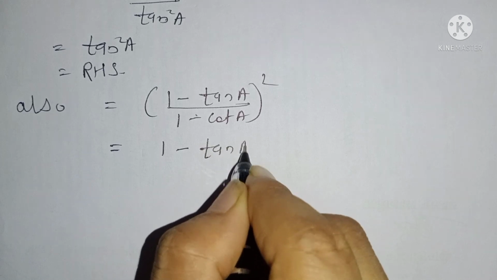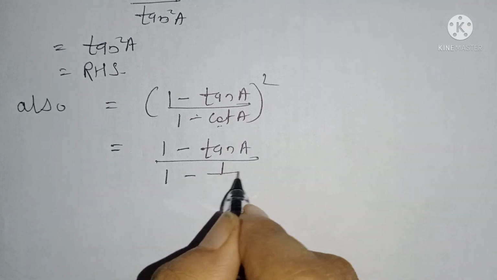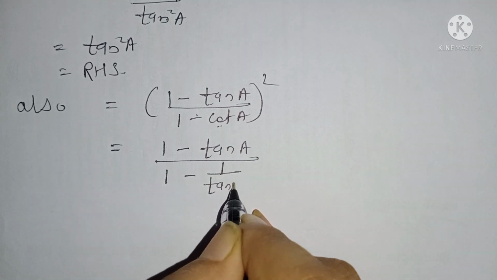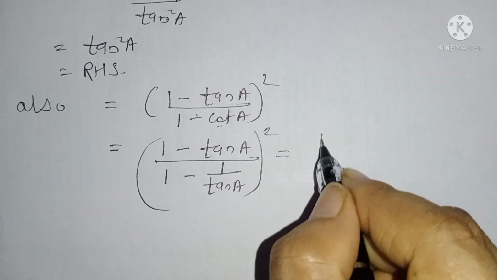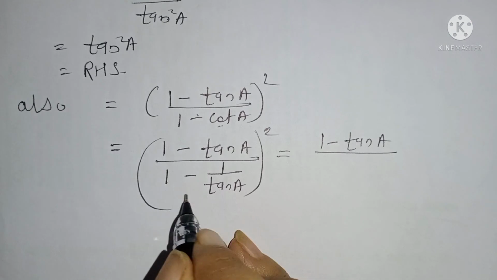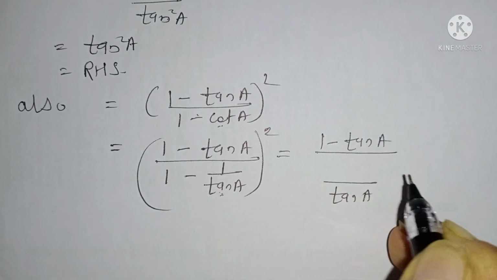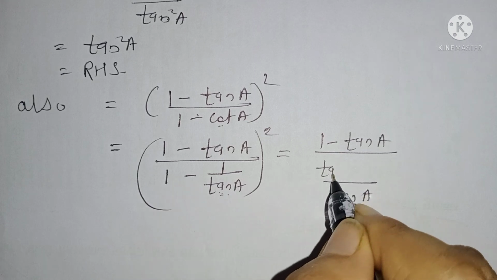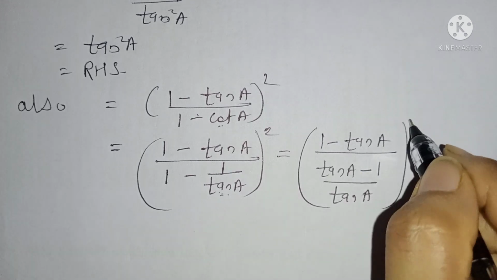Keep 1 minus tan A as it is, and in the denominator replace this cot A by 1 upon tan A, whole square. Then 1 minus tan A keep as it is and take the LCM of this term. The LCM of the denominator is tan A. This is tan A into 1 is tan A, minus 1 into 1 is 1, whole square.